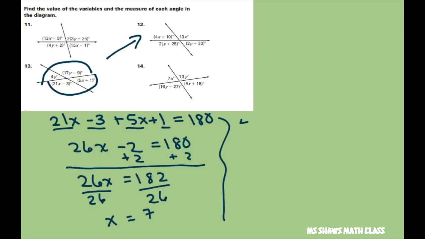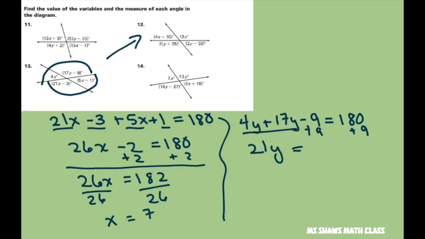You have 4y plus 17y minus 9 equals 180. So this is 21y. I'm going to go ahead and add the 9 to both sides. So that gives you 189. Take 189, divide it by 21, and you get y equals 9.